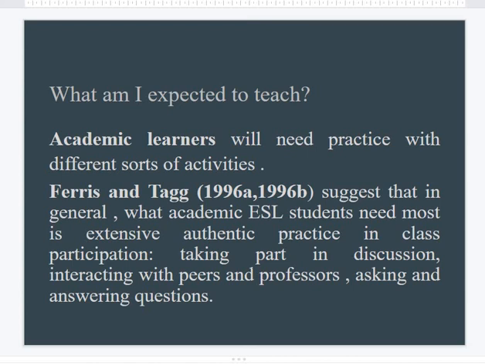So, taking part in discussion, interaction with students, with peers, professors and teachers, asking questions and requesting them to reply to the teacher every time are types of activities through which you can engage the students and develop and improve their reading, writing, speaking, and listening skills.